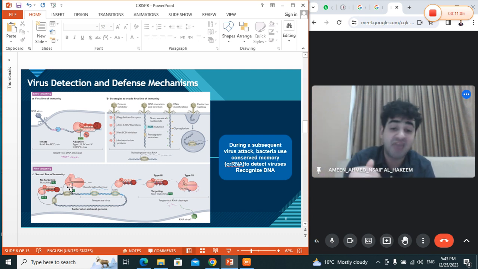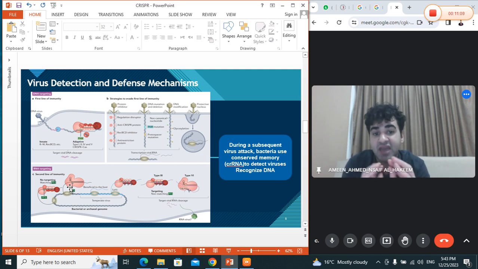Another is the toxin-antitoxin system, where some bacteria have a system in which the toxin is activated in response to viral infection, leading to programmed cell death, like recycling, and separating the cell from the viral DNA.